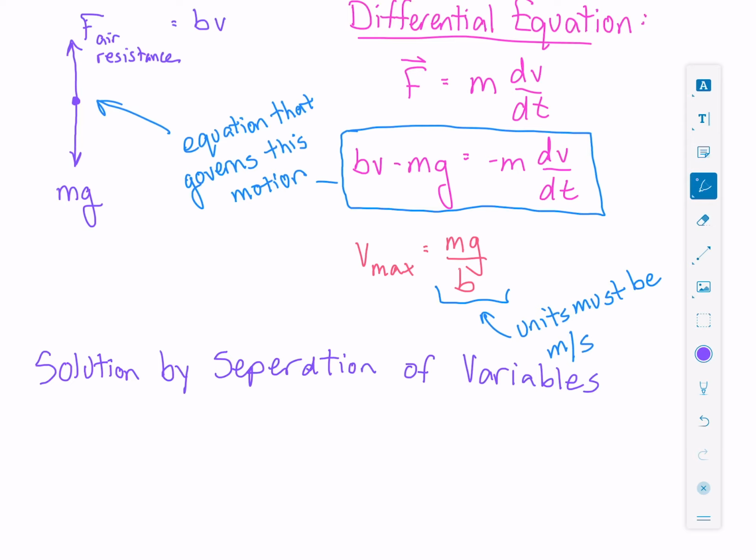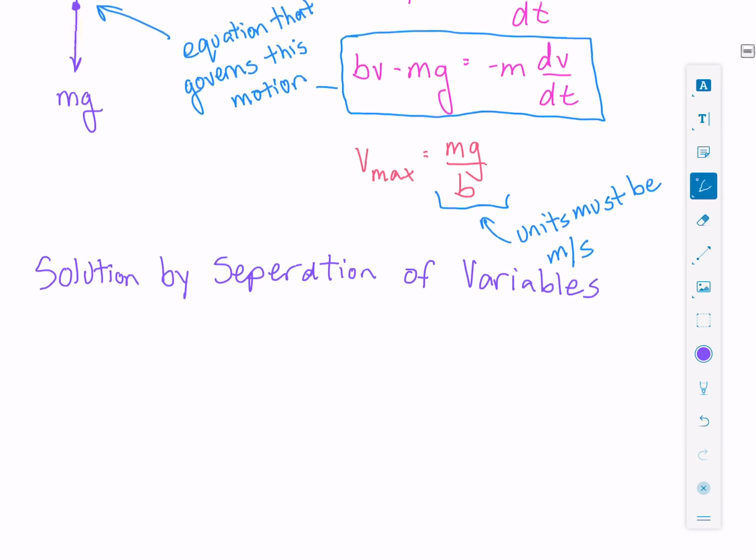So let's rewrite our equation, but I'm going to get rid of the negative on the right half. So I'm going to say mg minus bv is going to equal m dv/dt. We are trying to solve this to get to v equals, but it's not super simple because we have a v and we have dv.